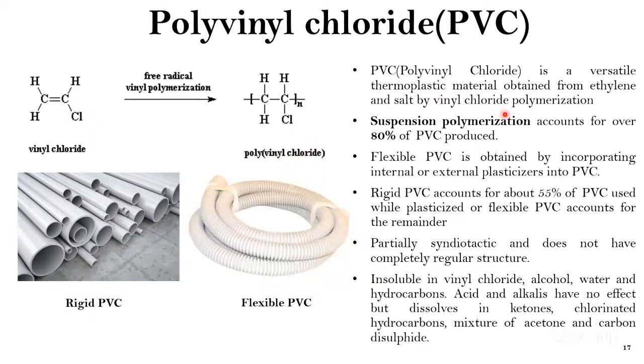So in industry, they prominently use the suspension polymerization, which accounts for over 80% of PVC produced. Whatever PVC is produced in the market has quite a range of application, especially in the field of pipes.